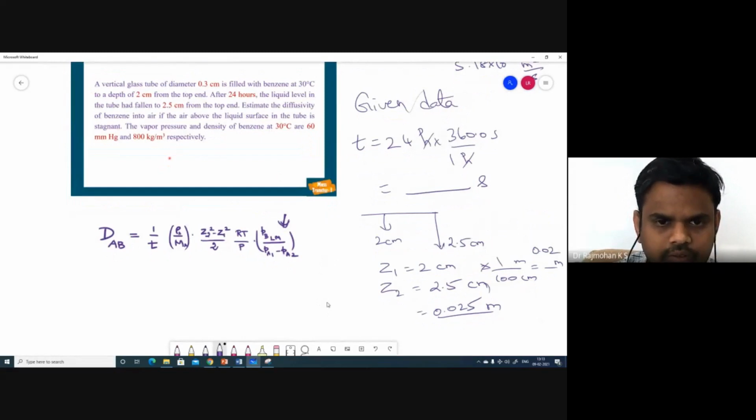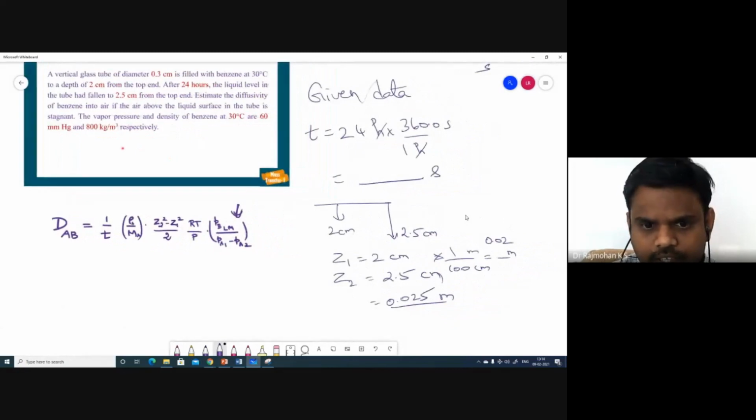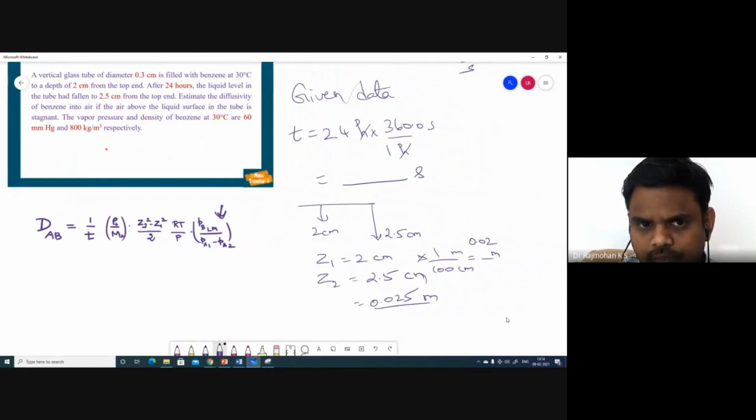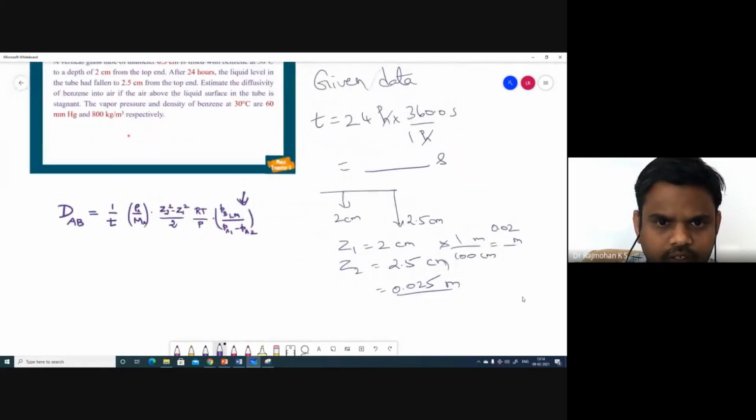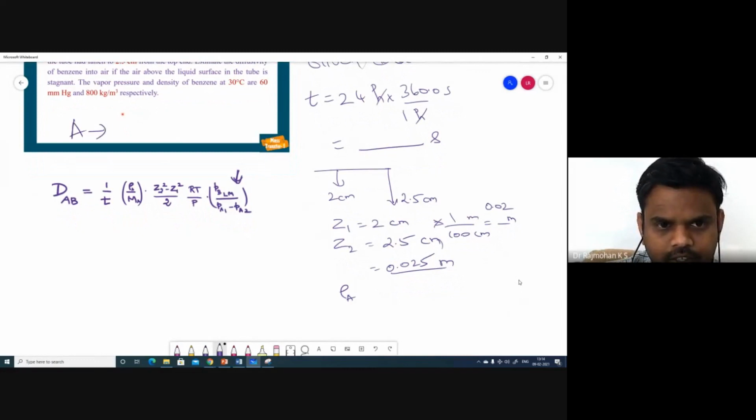And what else is given? Vapor pressure is given, density is given. Okay. So other data required is density and molecular weight. So what is the density of benzene at this given temperature? It is 800 kg per meter cube. Density of A is, so we should first say what is A. A is benzene, B is air.